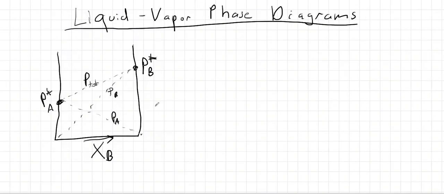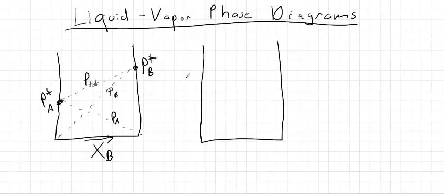Great. So what this means is that if we were to look at a phase diagram, we can imagine two different phase diagrams. One would be one where we have pressure and the composition on this axis. And in this case, we can see that if we have a pressure equal to P star B, up here, if we're at a really high pressure, we're going to have liquid.